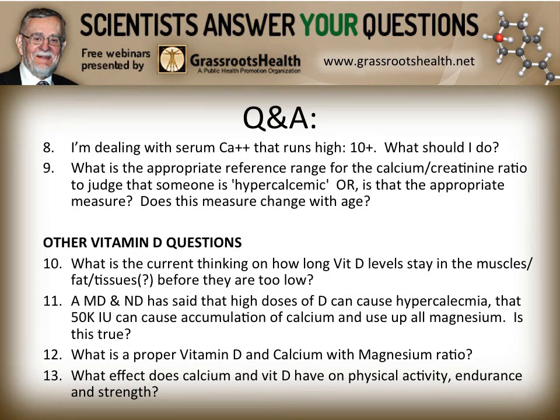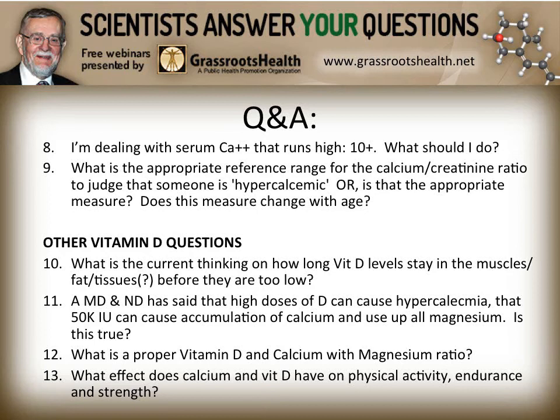Well, high doses of vitamin D can cause hypercalcemia, but it takes doses well above 30,000 international units per day. And typically, that doesn't happen until you get a blood level above 200 nanograms per milliliter. So the answer is yes, but you have to go to a lot higher levels than we would recommend. That problem is called vitamin D intoxication.